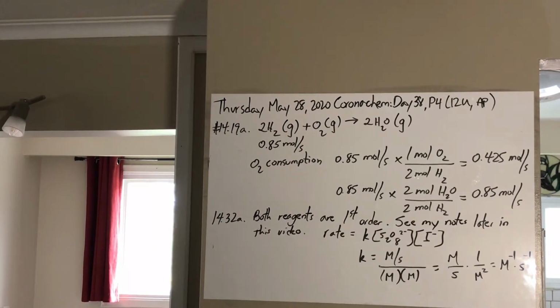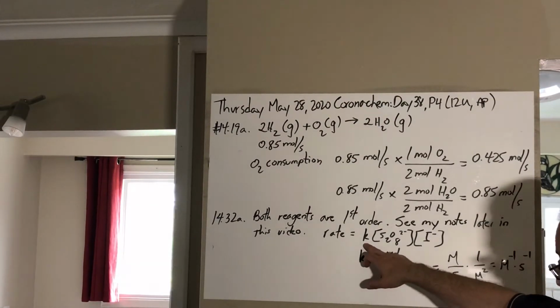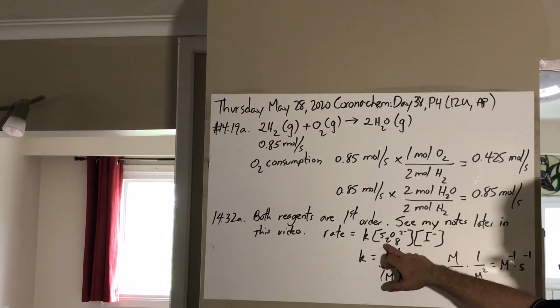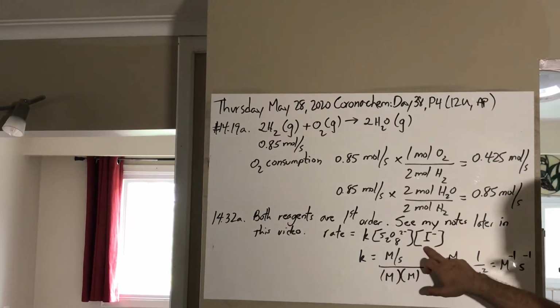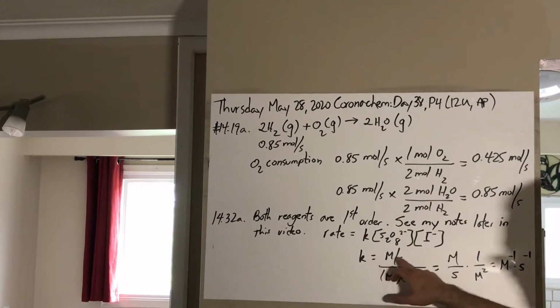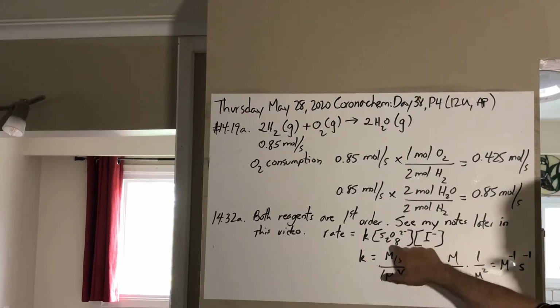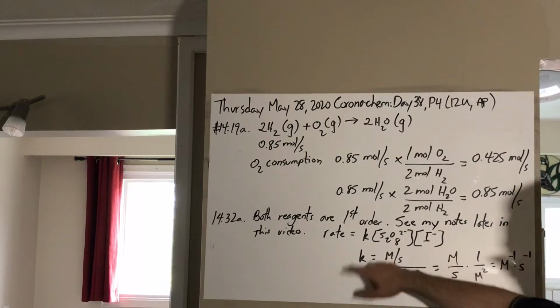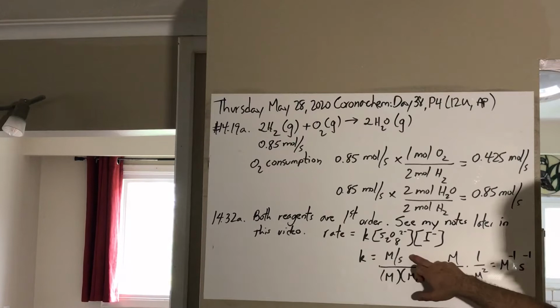I'll show you a close-up of my notes where the rationale is given because there wasn't enough room to write it all out on the board. But the rate law is K, the rate constant, times the peroxydisulfate ion times the iodide ion concentration, and they ask you to find the units for the value of K. So the rate over the concentration of the 2 reagents is going to isolate K. The rate has units of molarity per second.